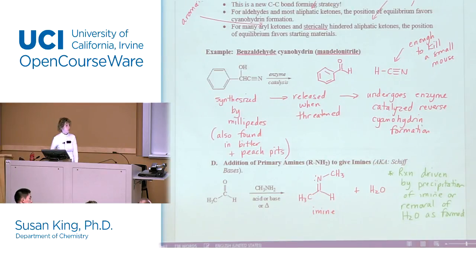So this is another uphill reaction. The product is actually less stable than the reactant. Okay, so you will have to drive it if you want to get any decent amount of imine in this reaction.